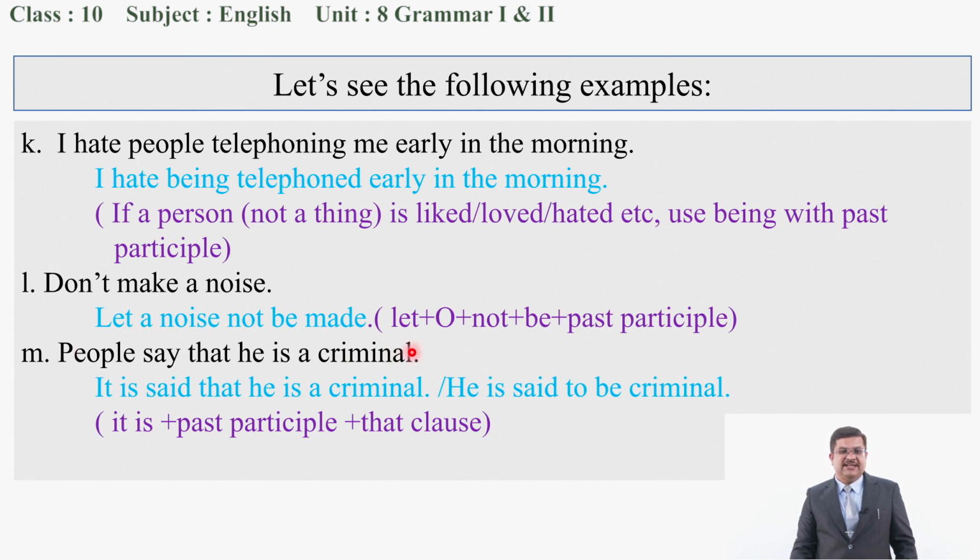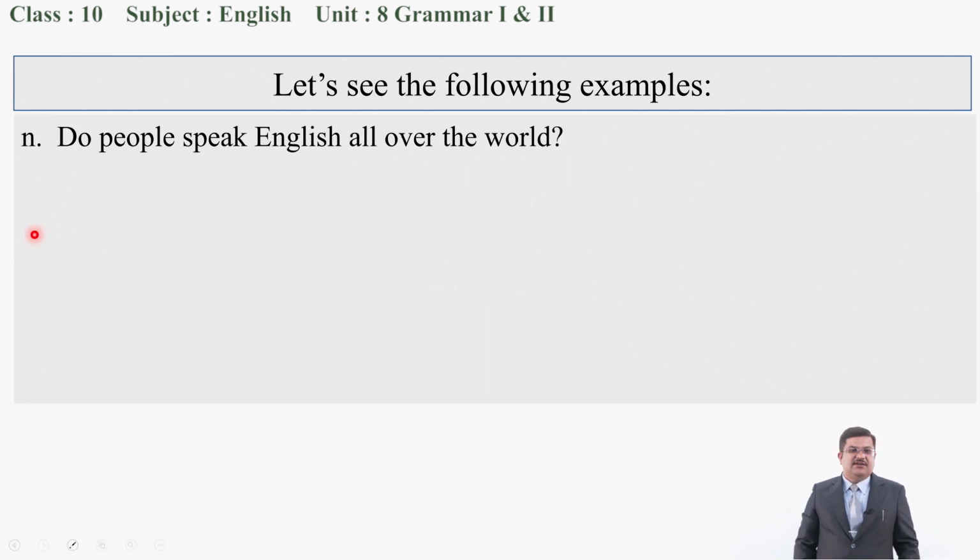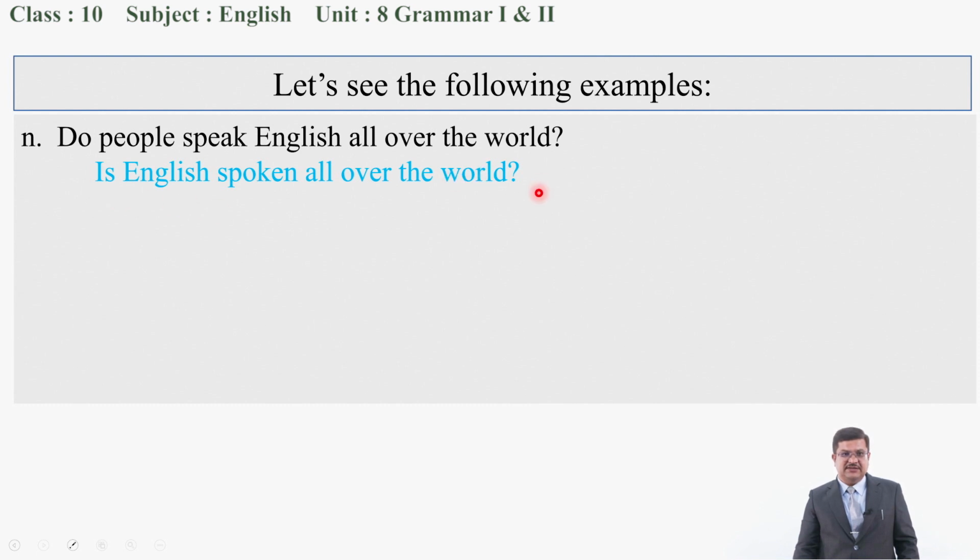When the sentence comes with people say that he is a criminal, it changes into it is with past participle with that clause. Do people speak English all over the world? This is an active sentence. We have already discussed this type of sentence. When a sentence begins with do, does, there must be is, am, are. That's why: is English spoken all over the world?